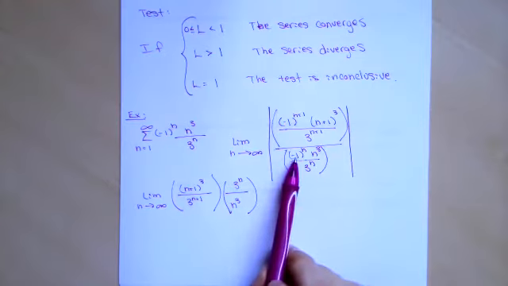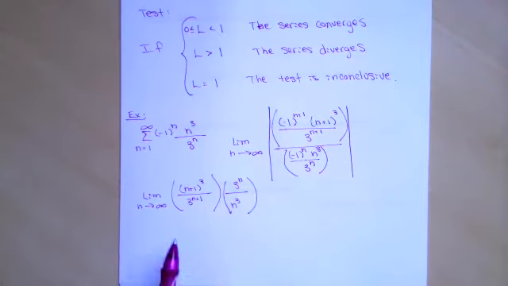Because the only terms being negative were these (-1)^n's. Once we get rid of those, all the remaining terms are always going to be positive, so I don't need the absolute values anymore.